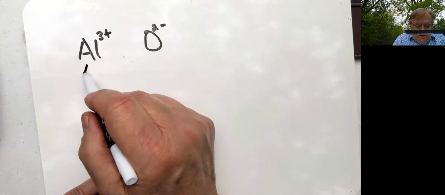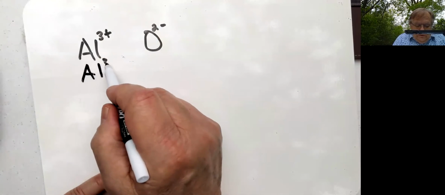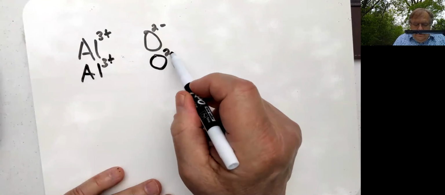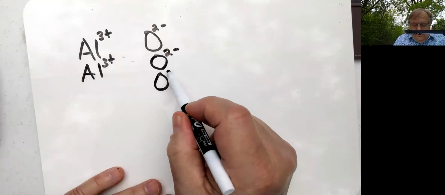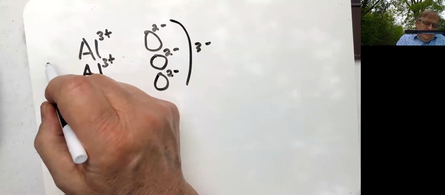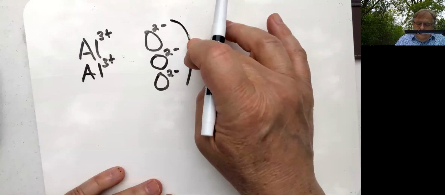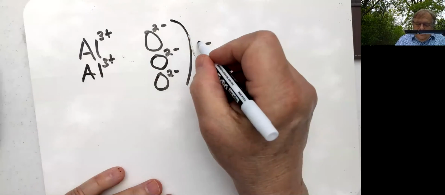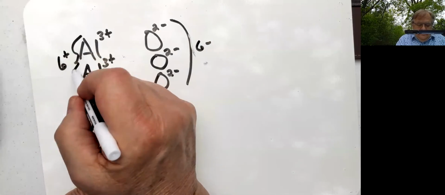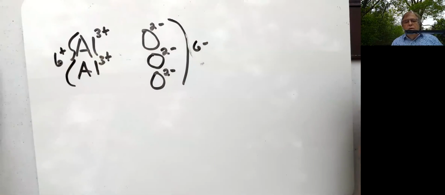So that means we do whatever we have to do to get this equal to 6. This is -3, and this is, I'm sorry, -6, and this is +6. So that cancels to 0.